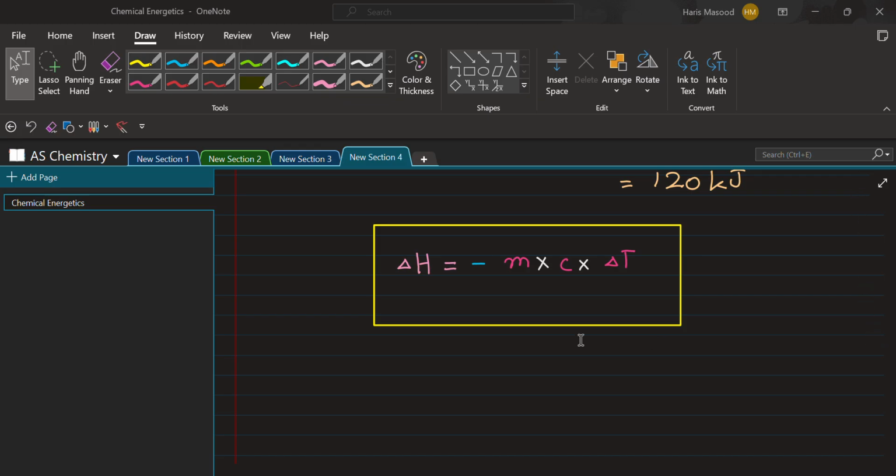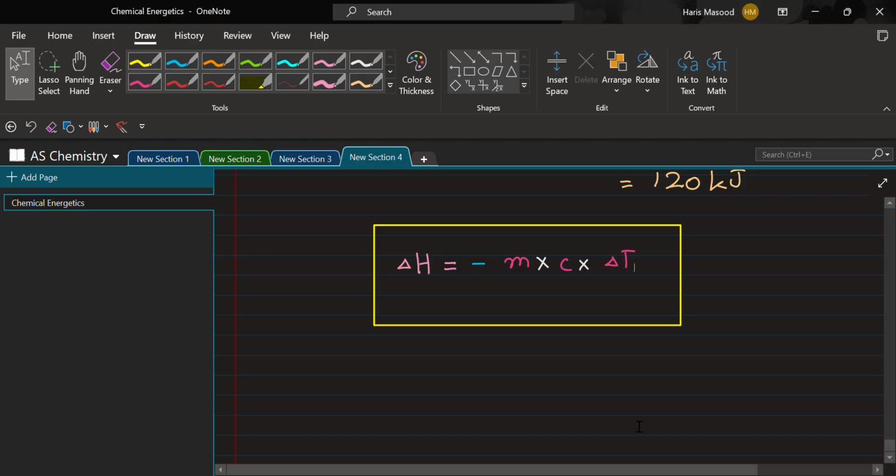Now we have discussed this. So this formula, we can modify it.